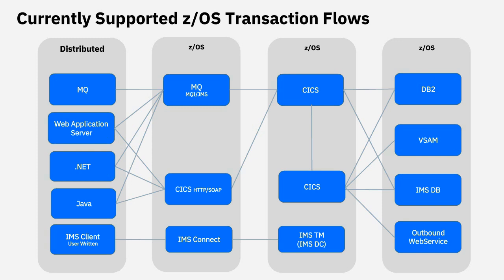So the reason that we've chosen to move very quickly on a quarterly basis is to make sure that we're able to ramp up as quickly as possible with support for those key flows that a lot of our customers are using. The focus, which I'll get into in the next slide, for the first part of the year has been expanding our support for IMS.